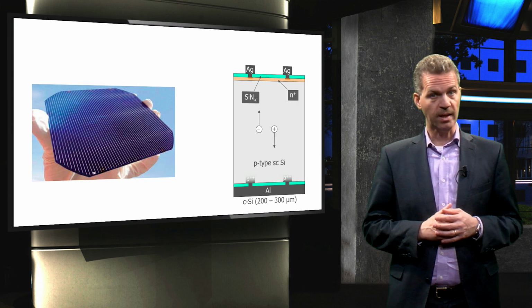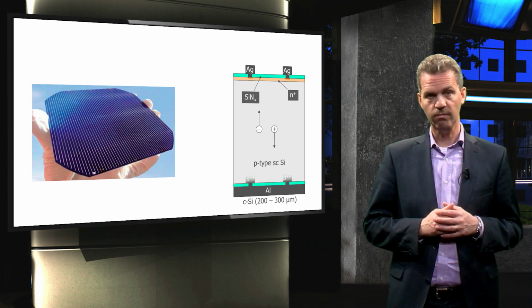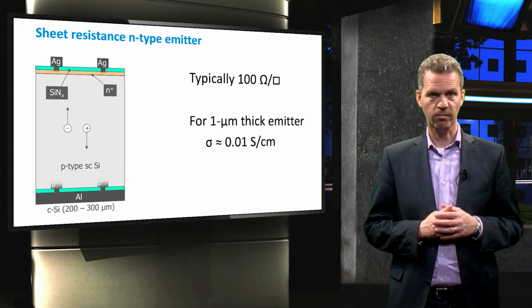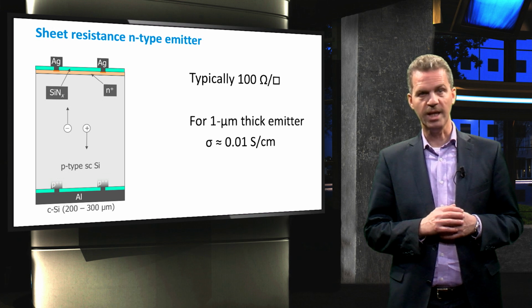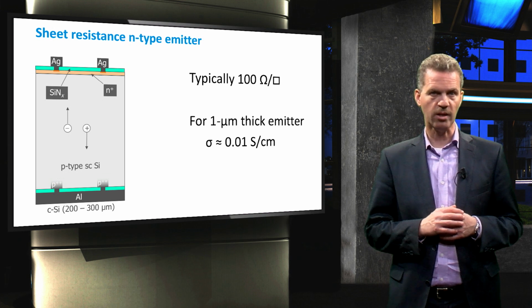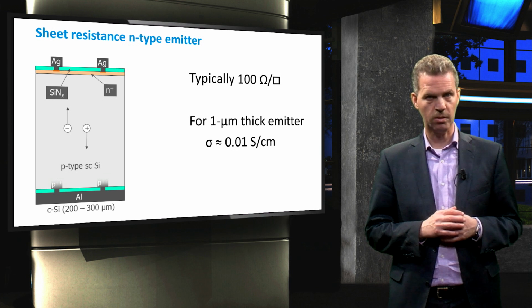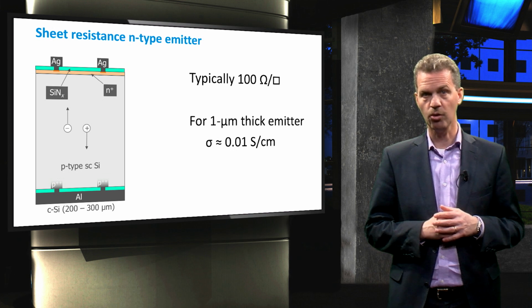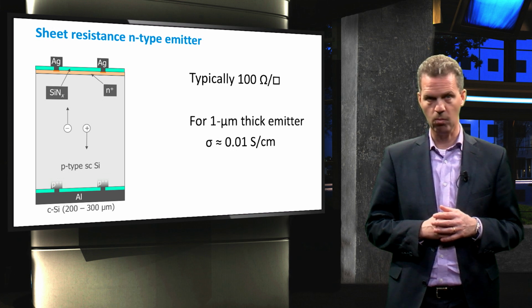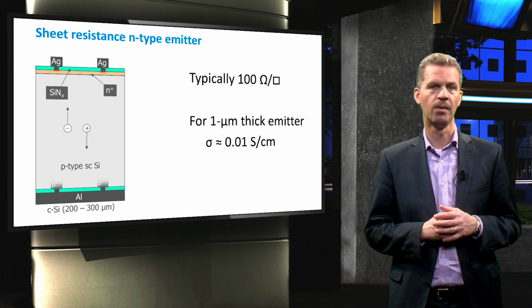The importance of metals is evident when we compare the conductivity of the semiconductor to that of the metal. In a standard crystalline silicon solar cell, the N-type emitter needs to conduct the current laterally and has a resistance of about 100 ohms per square, which for a micrometer thick emitter translates into a conductivity of 0.01 Siemens per centimeter.